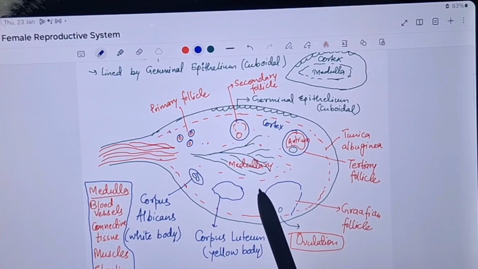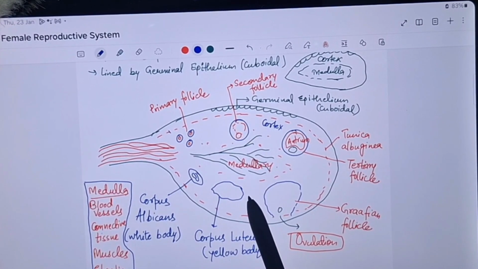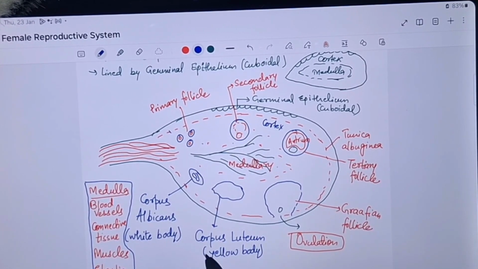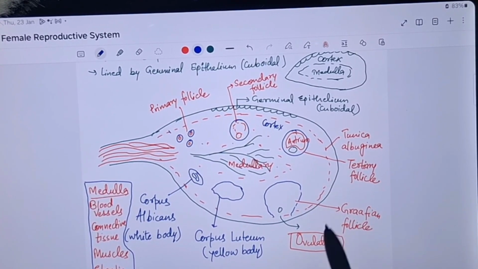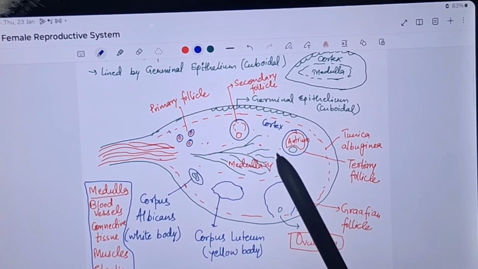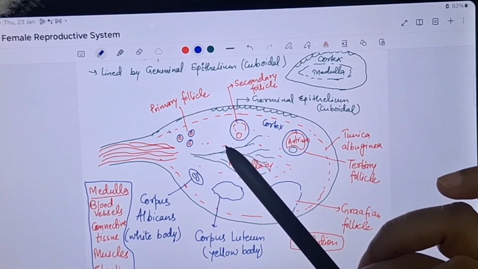Now, the ovaries are the site for oogenesis, which is a discontinuous process. It begins when a female is inside the womb of her mother. In that condition, inside the ovary of the fetus, there will be so many primary follicles.